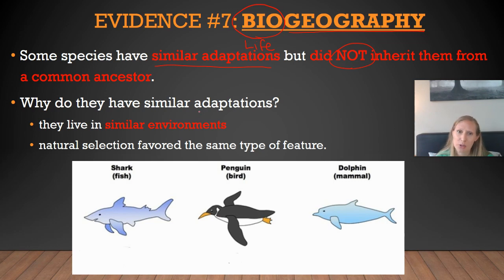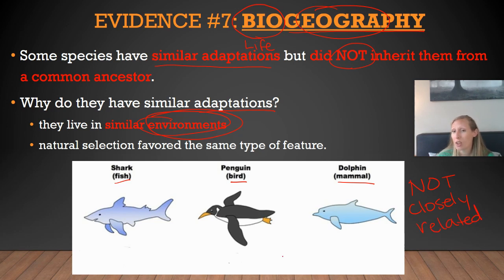Why would they have a similar adaptation? It's because they live in a similar environment. There's that geography part. So, for example, a shark is a fish, a penguin is a bird, a dolphin is a mammal. These things are not closely related.